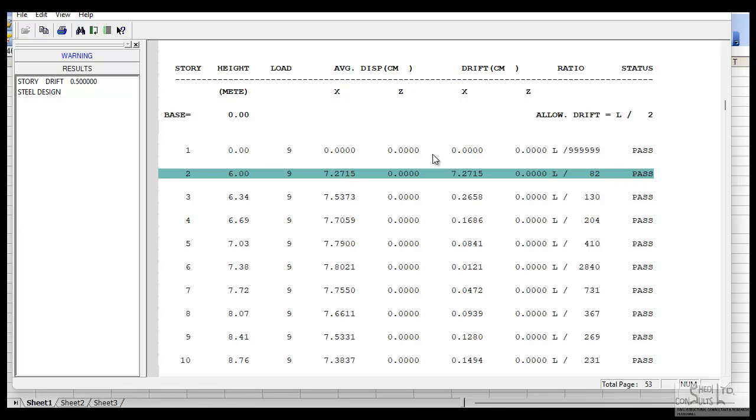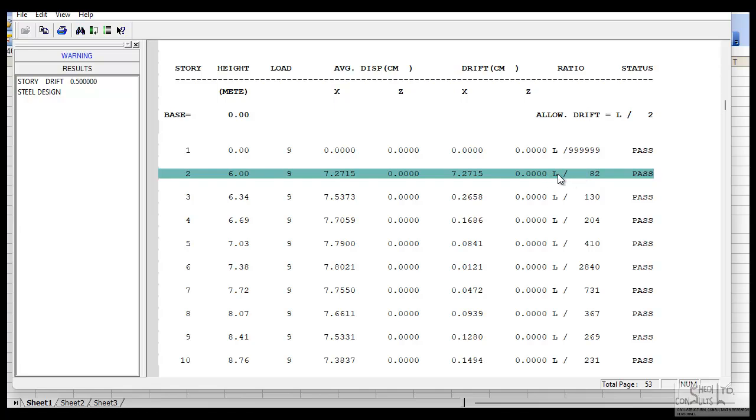So this minus this gives you 7.215. And then it checks if this is in compliance with your limitation. Remember, I specified a drift factor of 0.5. So it checks if this value 7.215 is more than half the length.